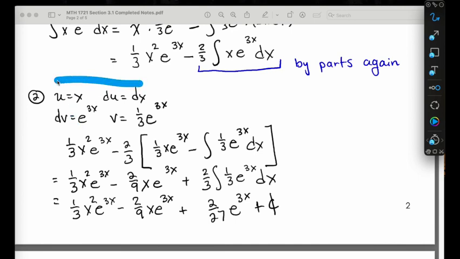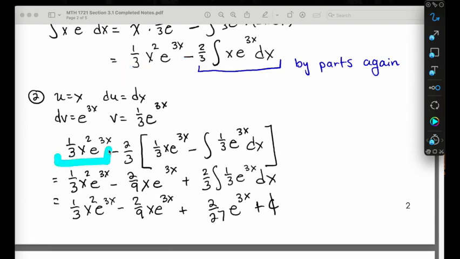So I'm going to find all of my 4 parts needed for the second integration by parts. So when I take the derivative of u, I get dx. And then when I find v using dv and I work backwards and integrate, I get 1/3 e to the 3x.